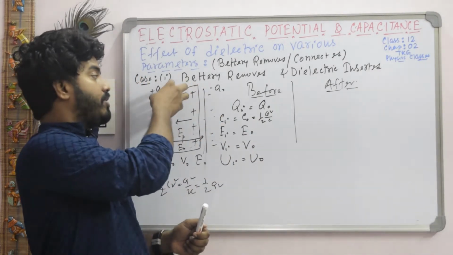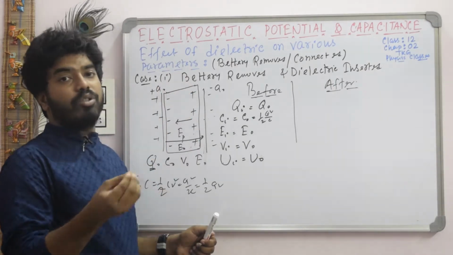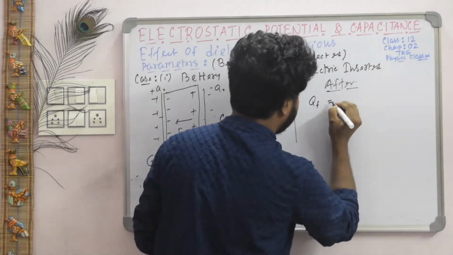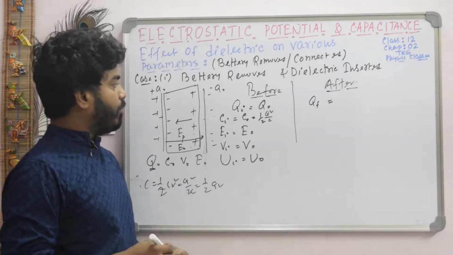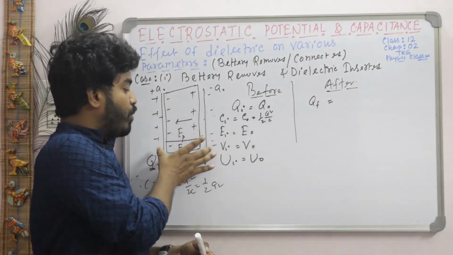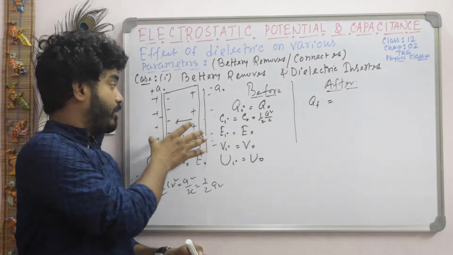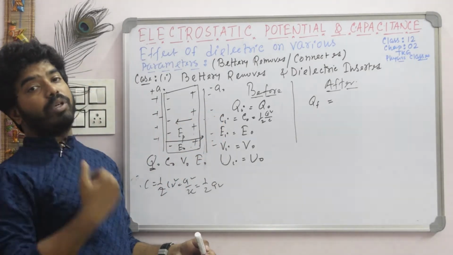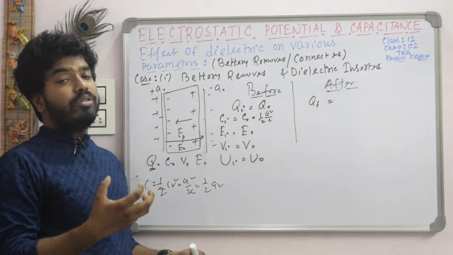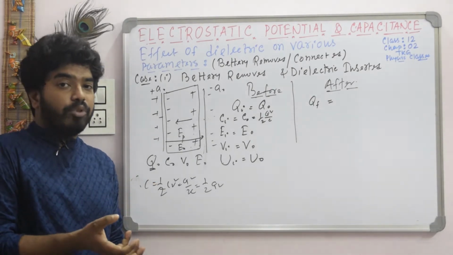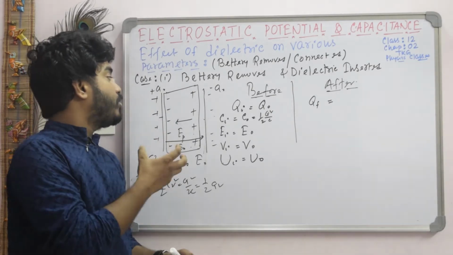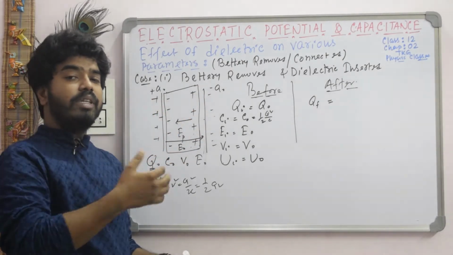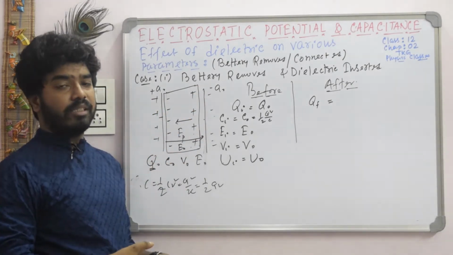Now after introducing a dielectric slab, what will be the charge? That is, what is the value of the final charge, QF? Just think, one more important point. First of all, when a potential is set up, the parallel plate capacitor is charged, then the potential is removed. So when we applied potential in this circuit, this potential developed here charge plus Q, here charge minus Q. But after removing this potential, the charge remains constant.